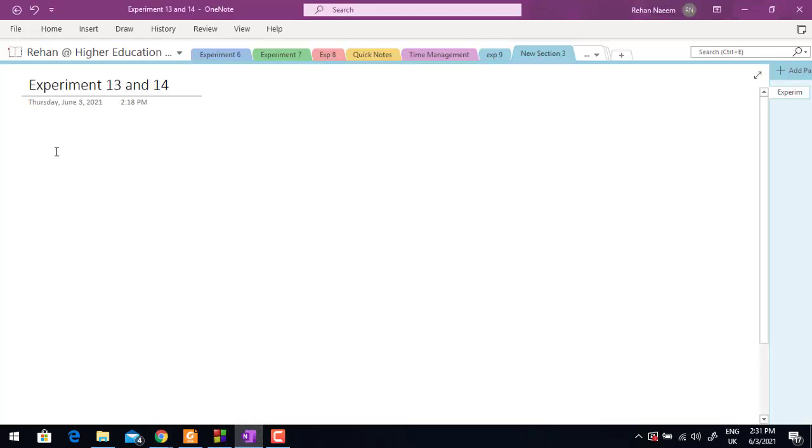Okay, so the first important concept is the use of percentage E. The percentage E is used to display a floating number in exponential form.